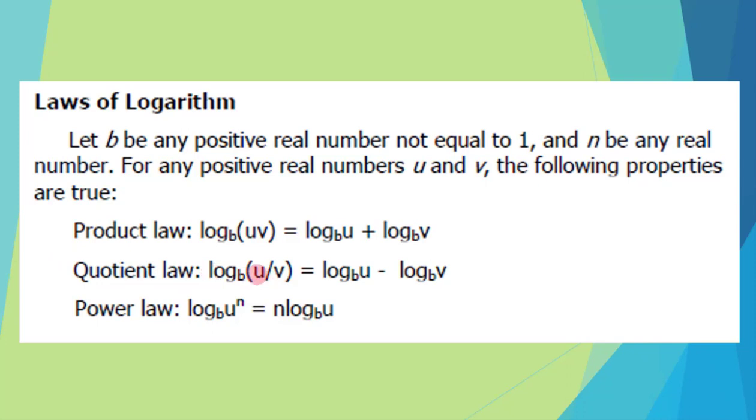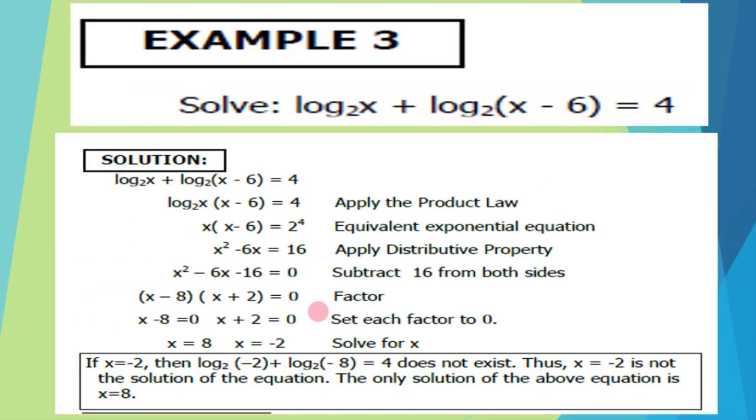Quotient law, we have log of quantity u divided by v to the base b is equal to log of u to the base b minus log of v to the base b. That is the quotient law. Then we have the power law. Log of u raised to n to the base b is actually equal to n times log of u to the base b. Now let's apply these rules to some examples.